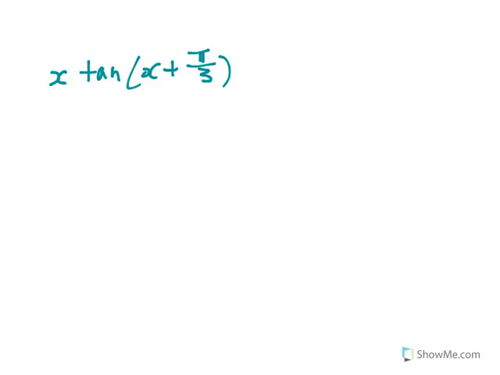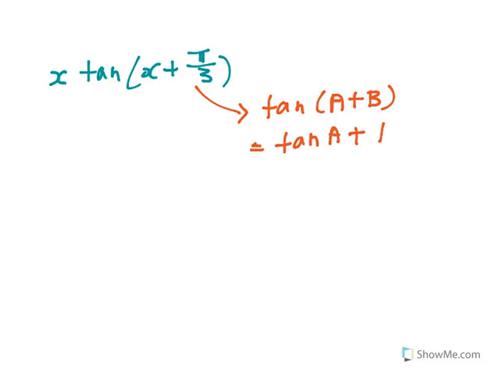Remember that you have studied this in your junior high or Sec 4 A math days: tangent of A plus B is tangent A plus tangent B over 1 minus tangent A tangent B.